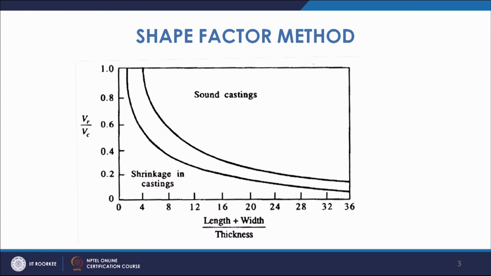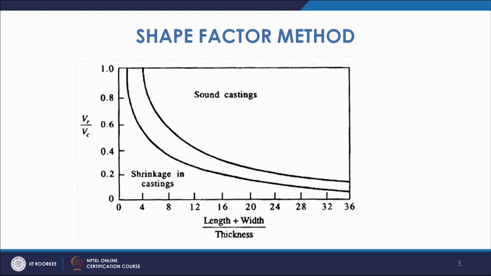So, for a shape factor value of 7.5, let us take VR by VC as 0.55.